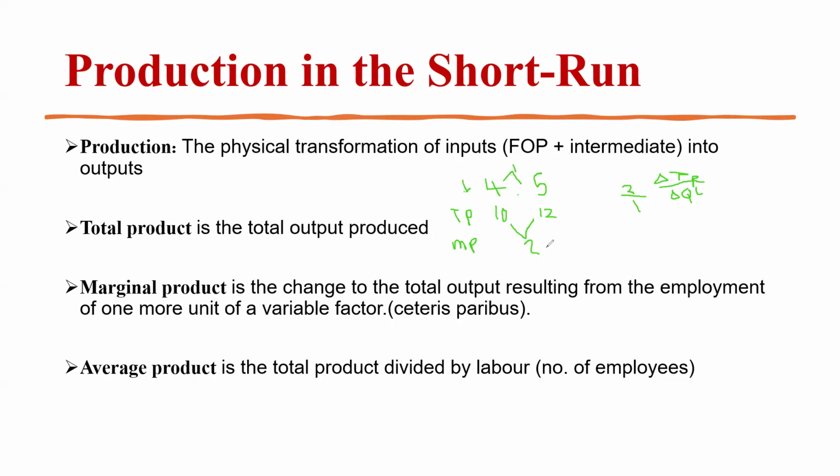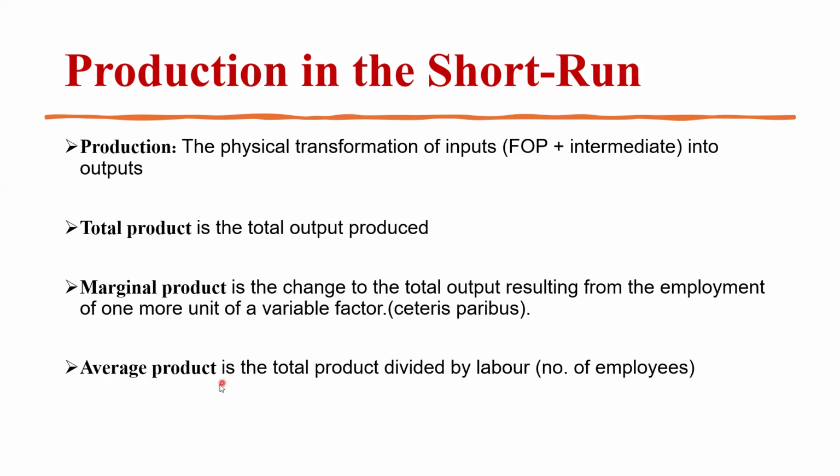So marginal product is an extra, this 2, which is an extra output that has been produced. Why? Due to the employment of this additional worker. You get it? So when you see marginal, just think of extra or additional.